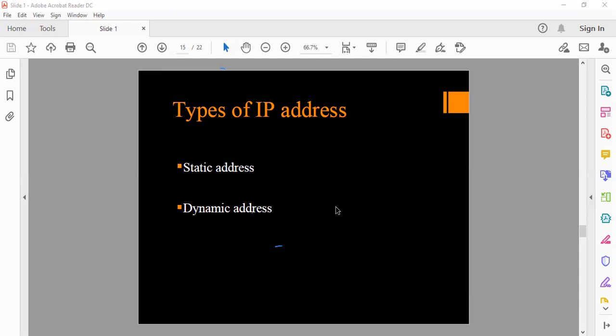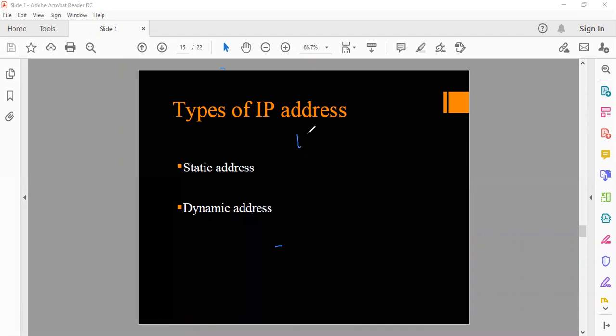The main reason is that suppose you have 120 hosts, or 120 computers connected in a specific network or in any organization. If you want to assign them IP addresses in the static case, you will assign them in a form like this.